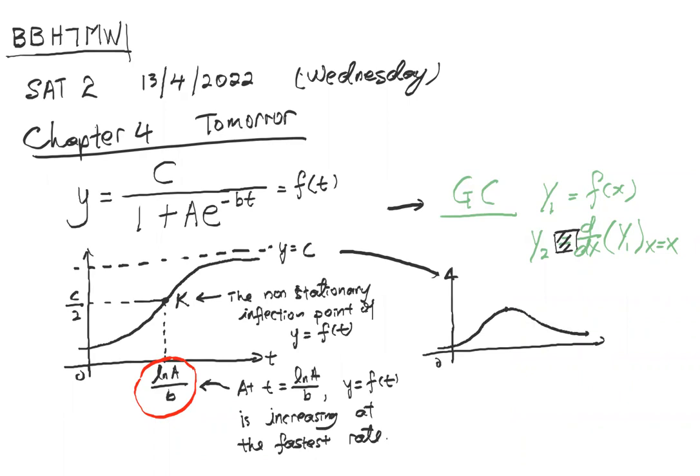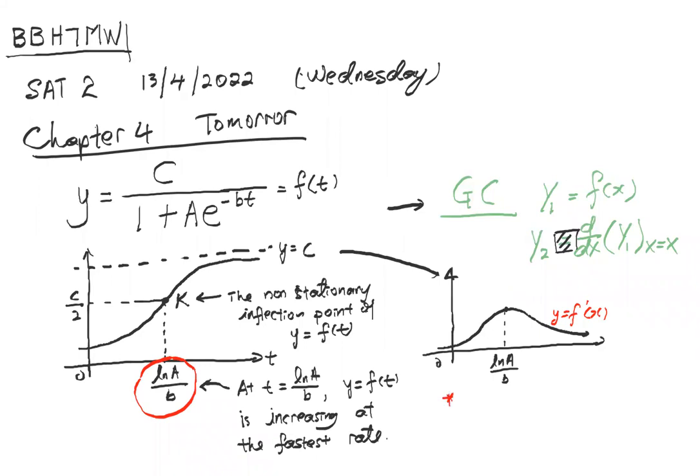And this is ln A over B. So this is y equal to f prime x, f prime t in this case. So I know some true facts, which you have to jot down.